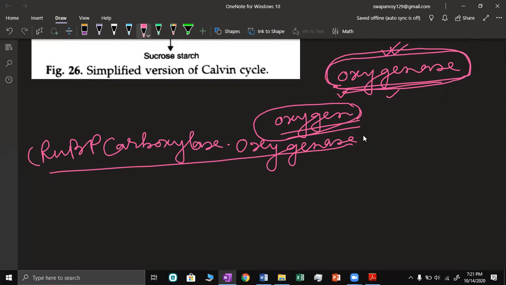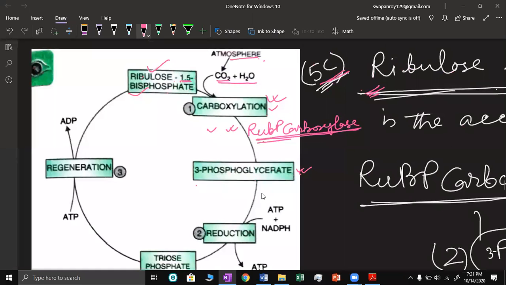Always to write and read a very big name is difficult. So it is now known as Rubisco, that is ribulose bisphosphate carboxyoxygenase. So now instead of RUBP carboxylase, you can write Rubisco.